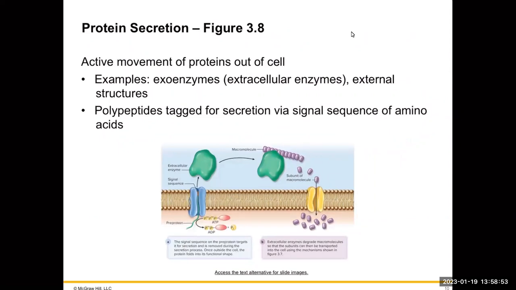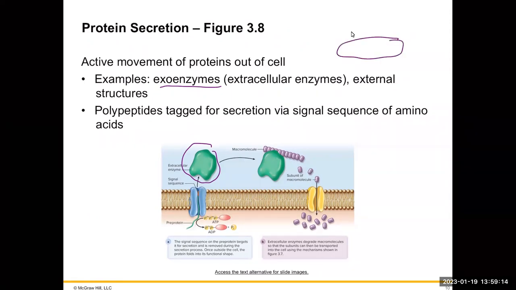We will talk about this more as time goes on, but there are certain proteins in bacteria that actually get excreted out of the cell, and we call them exoenzymes. So exo, exit, so they're external to the cell. So if this is the cell, it can make these enzymes. Okay, and they actually get transported out of the cell, and they actually function and work out of the cell.